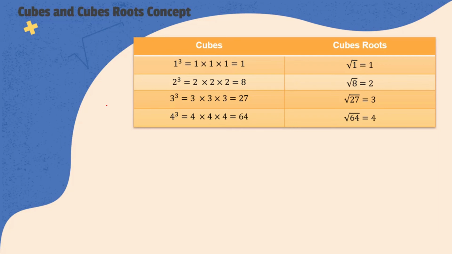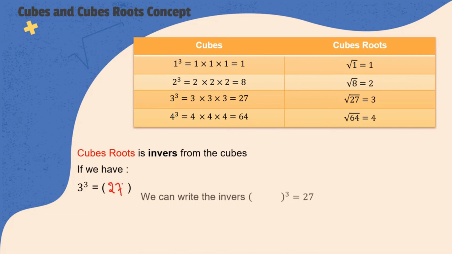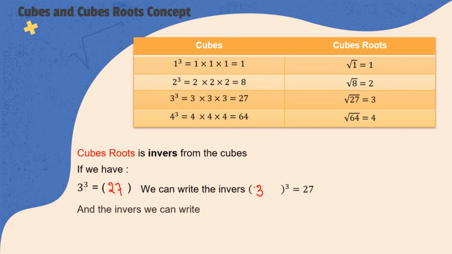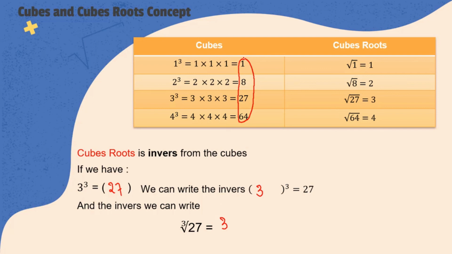I think you already know the connection between cubes and cube roots: the cube root is the inverse of the cube. If 3 cubed equals 27, we can write the inverse: the cube root of 27 is equal to 3. 1, 8, 27, and 64 are also called perfect cubes.